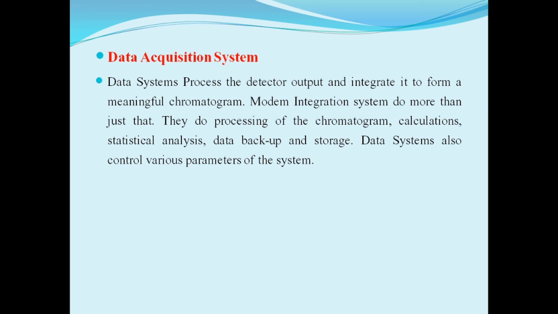They do processing of the chromatogram, calculations, statistical analysis, data backup and storage. Data systems also control various parameters of the system. Thanks to these advanced systems, we no longer have to cut chromatogram peaks and weigh them on an analytical balance for interpretation. Thank you.